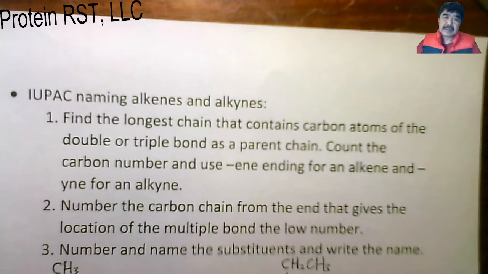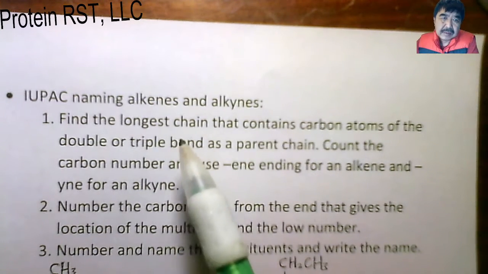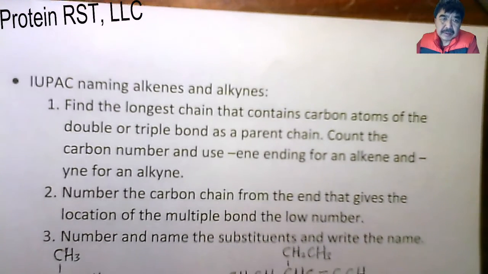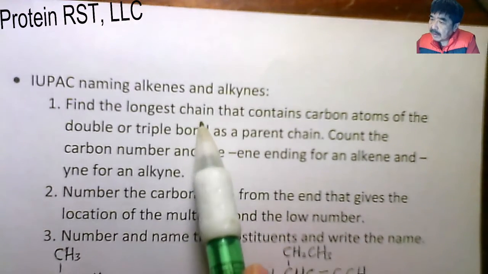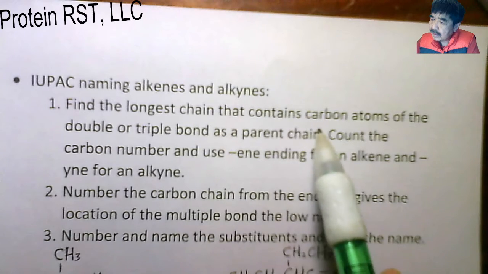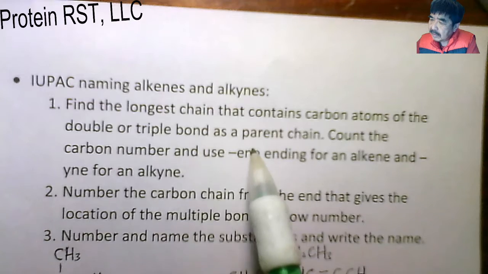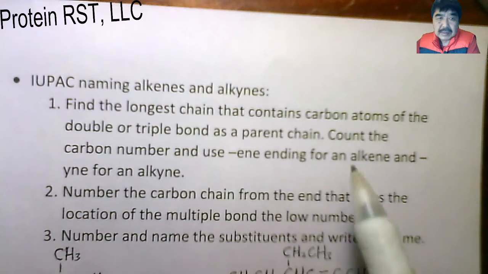IUPAC naming of alkenes and alkynes. First, find the longest chain that contains the carbon atoms of the double or triple bonds as the parent chain.